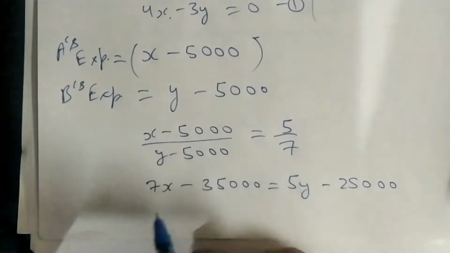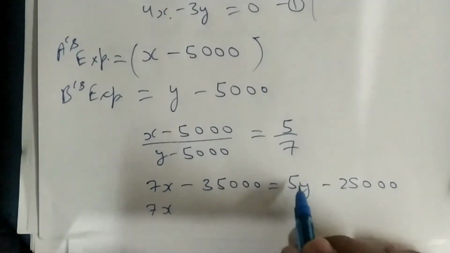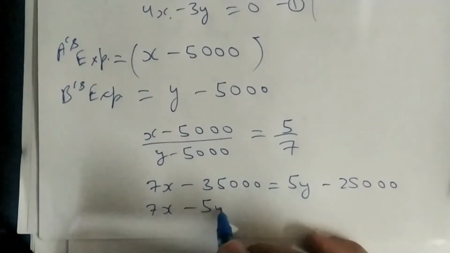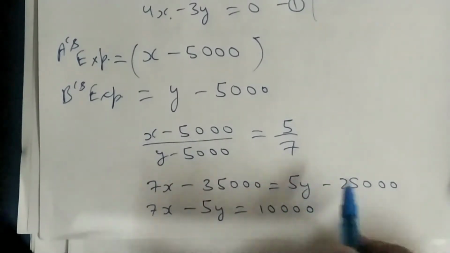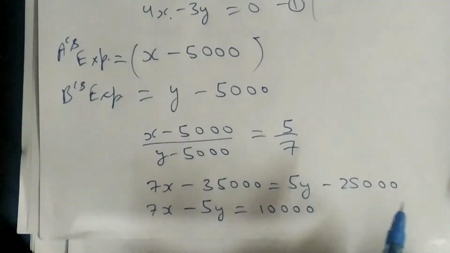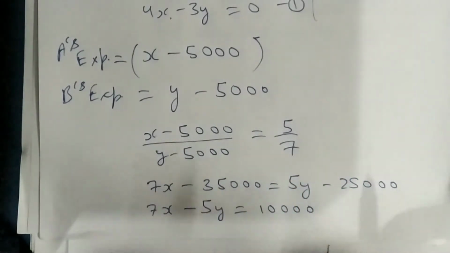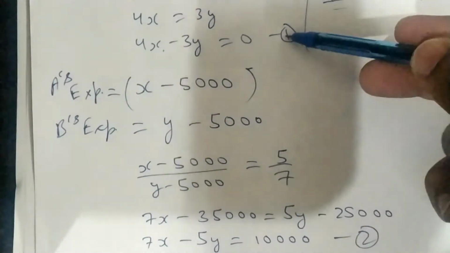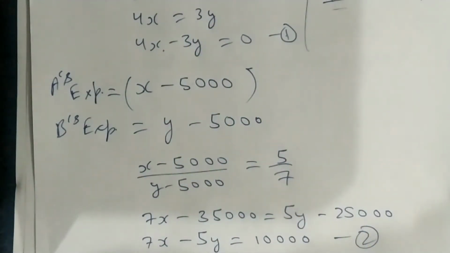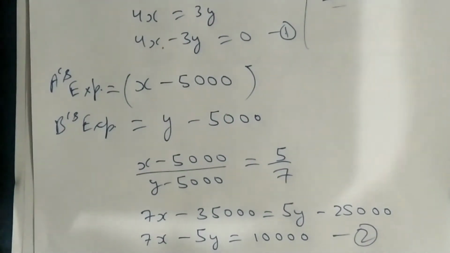From here we will get a new equation, that is 7X minus 5Y is equal to 10,000, because when we take this 35 to that side it will become positive. 35 minus 25 is 10,000. So this is our equation number 2. Now we can easily solve these two equations, by any of the three methods, and we will get our answer.